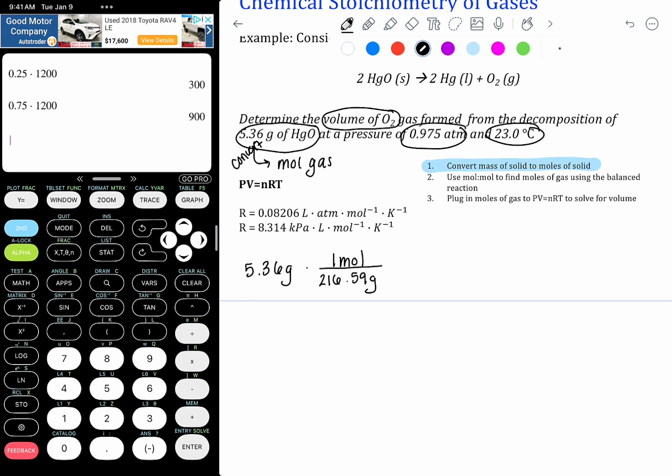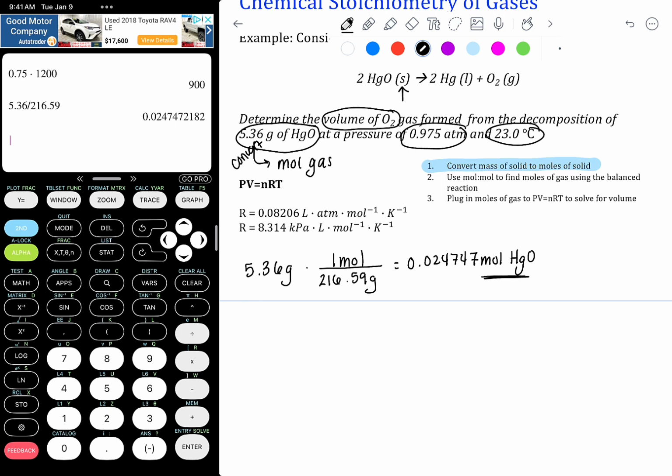So we'll take 5.36, and divide it by 216.59. Okay, we get 0.02477 moles of HgO. I can't use this value in PV equals nRT because HgO is a solid.